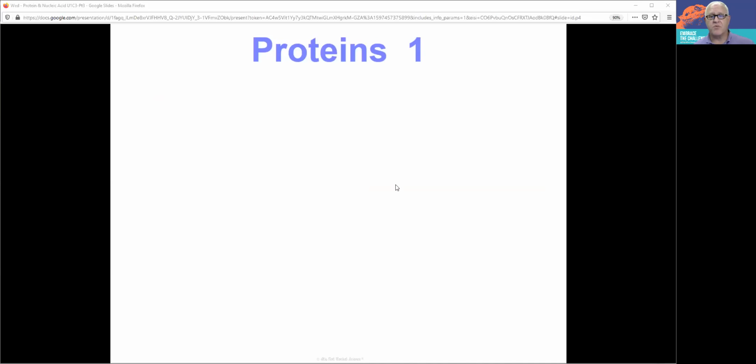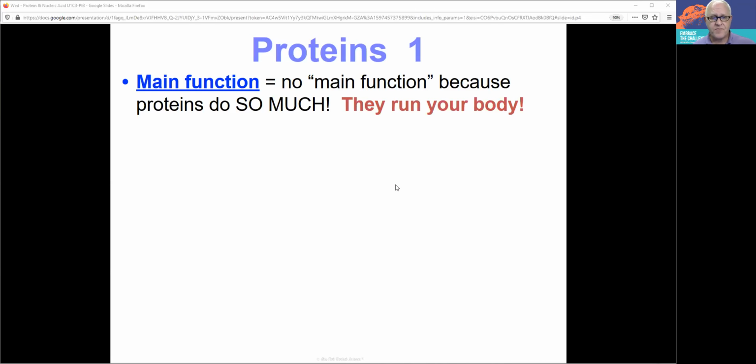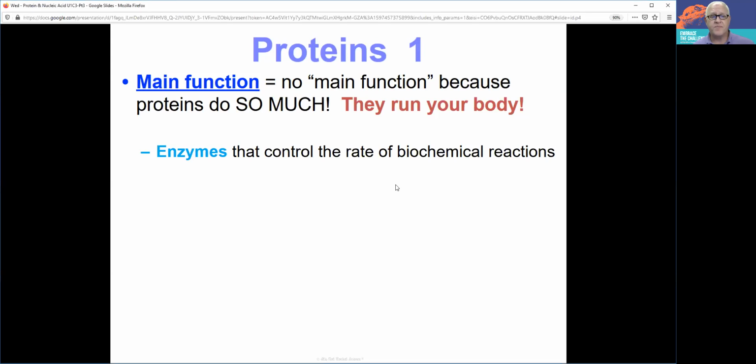Let's move on to these proteins. Now, we talk about main functions of these macromolecules, but for the protein, there is no main function at all. It's because the protein does so much in the body, there is no main function other than they run your body.